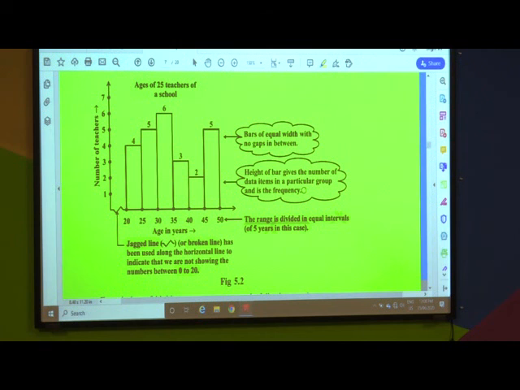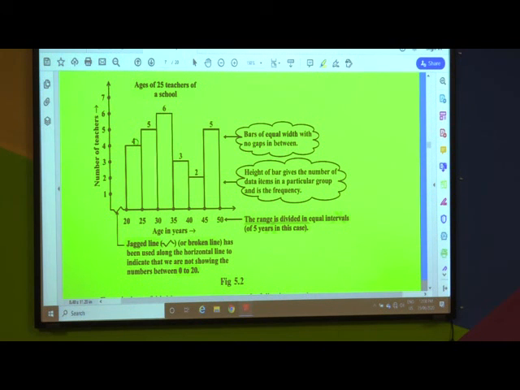This was explained to us previously. The height of the bar gives the number of data items, the number of teachers who are in that particular age group, that is the frequency. Now 20 to 25 is a particular group.